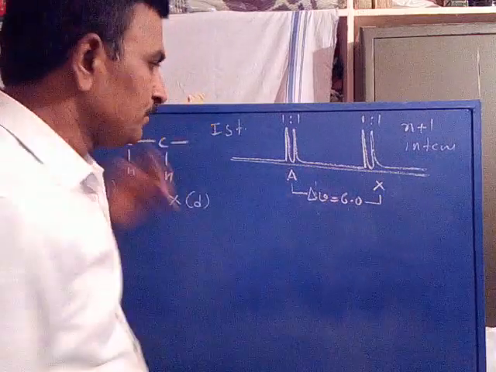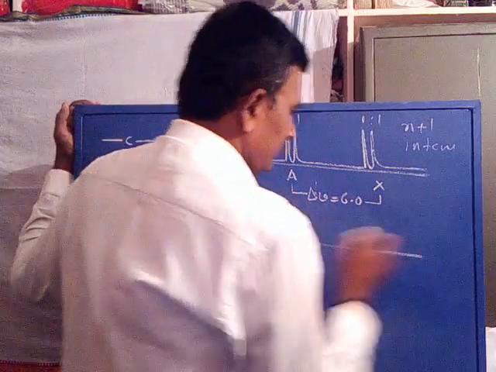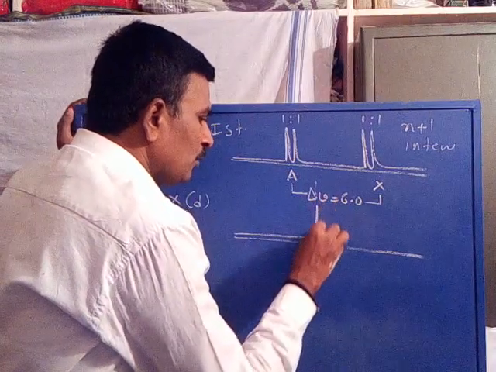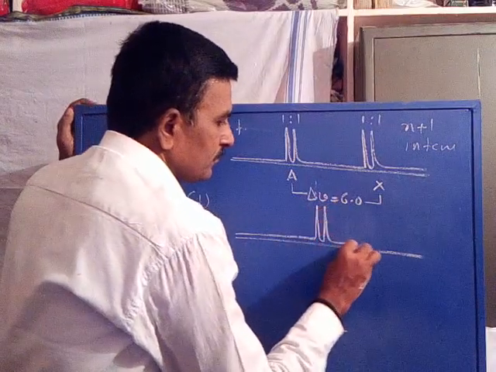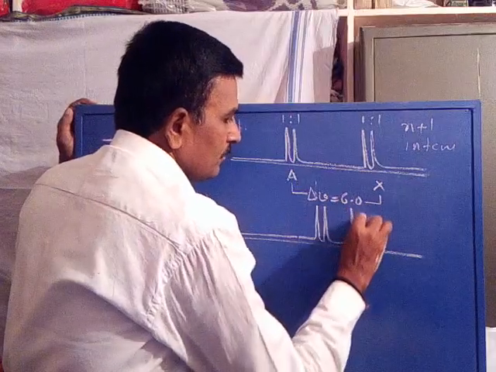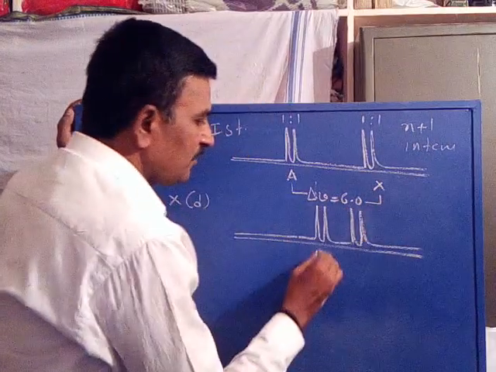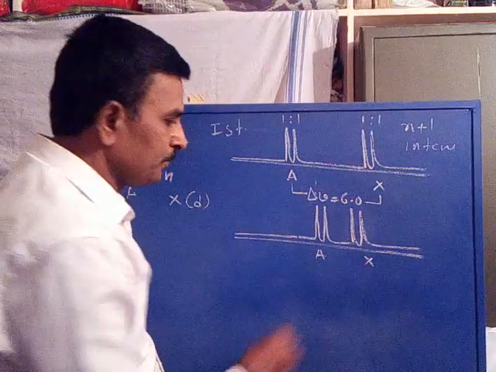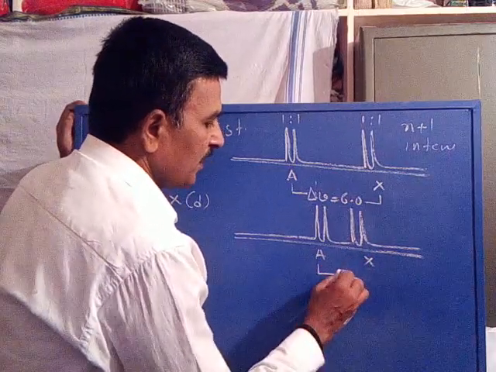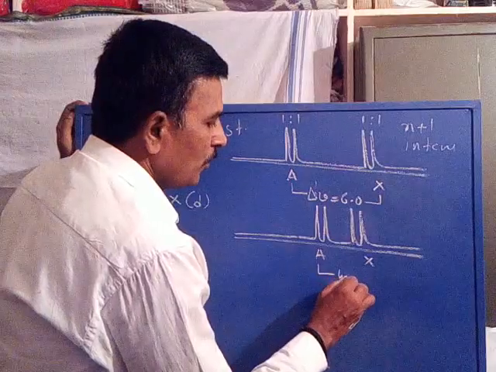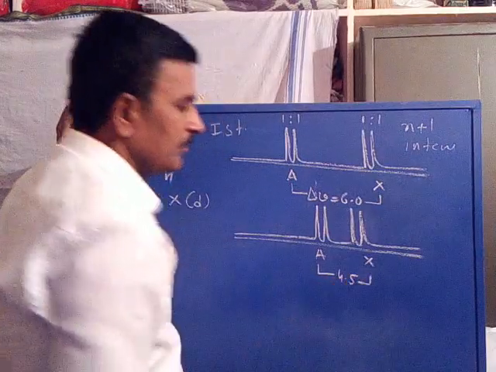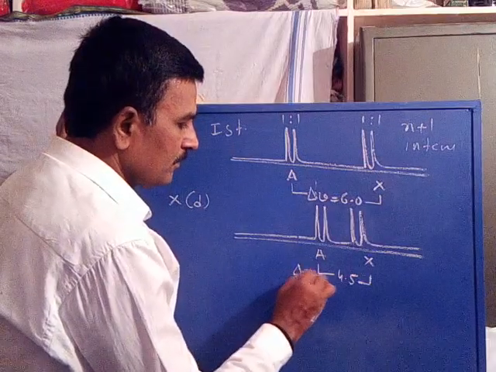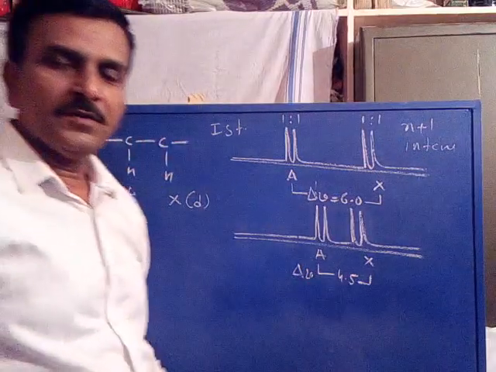Further, take the same two doublets. Now this is the A proton, this is the X proton. The frequency difference is 4.5 Hertz. Delta nu will be 4.5 Hertz. Is it clear?